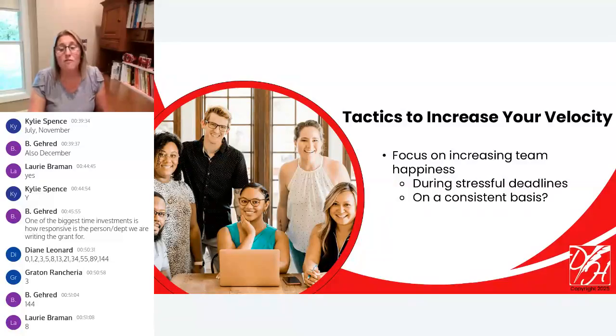So if folks involved with grants are not happy with their role as it relates to grant applications, it is likely that the team will actually slow down. It is likely that the team will start to put out fewer grant applications than they have in the past. So that's why we might want to consider talking about team happiness.